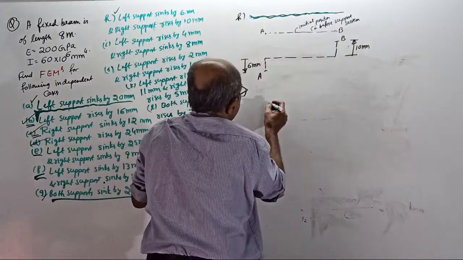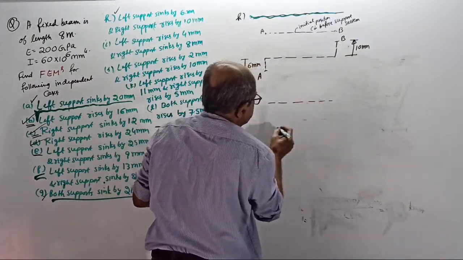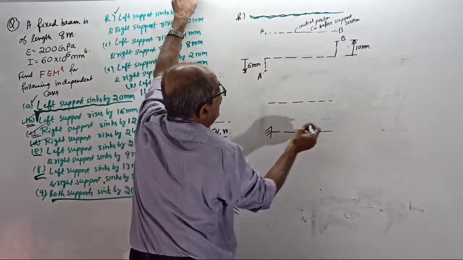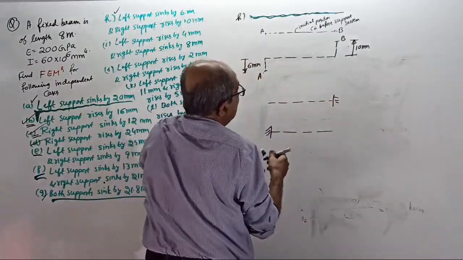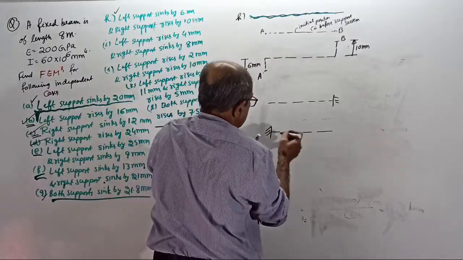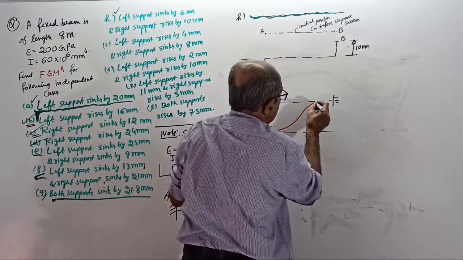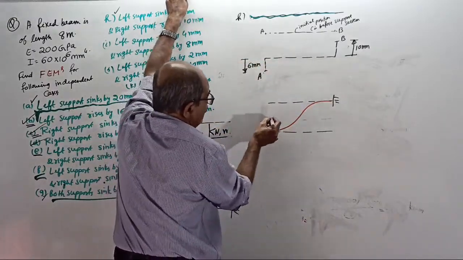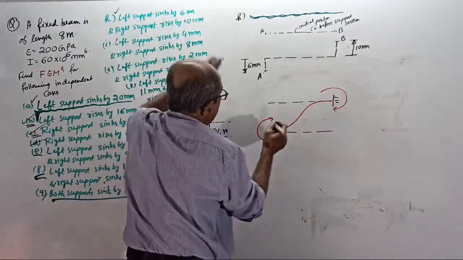Then if I draw two parallel lines, A is below and B is above. The elastic curve will come this way. Since it goes that way, both FEMs are clockwise. Formula, I won't waste time.